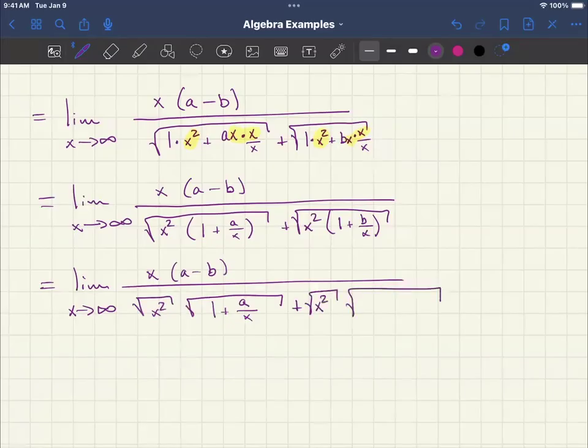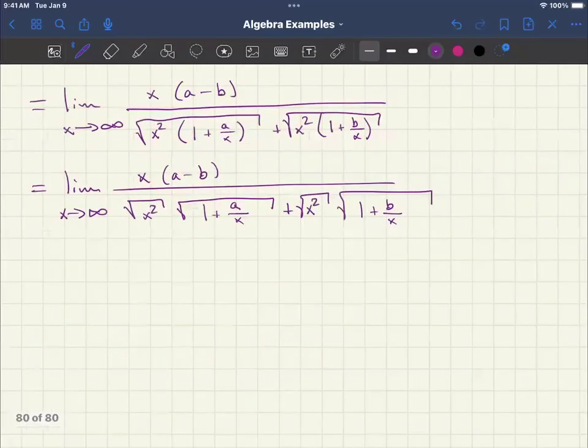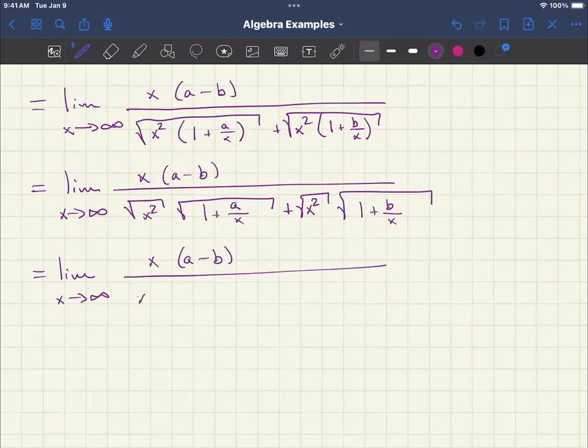But we can break it up over multiplication because it's basically an exponent. And exponents are very beautiful that way. Now, oops, that should be a minus. Now, square root and squared, those are going to cancel. So we have an x square root of 1 plus a over x plus x square root of 1 plus b over x.